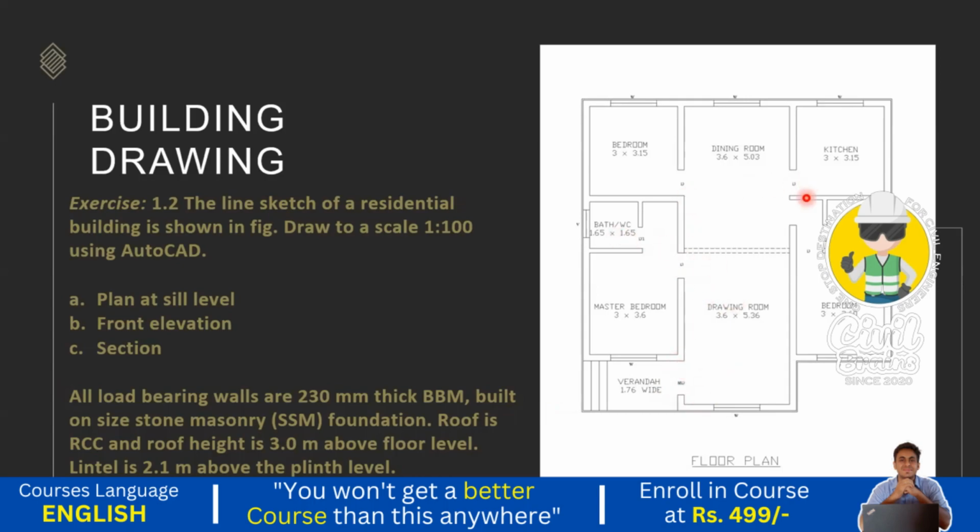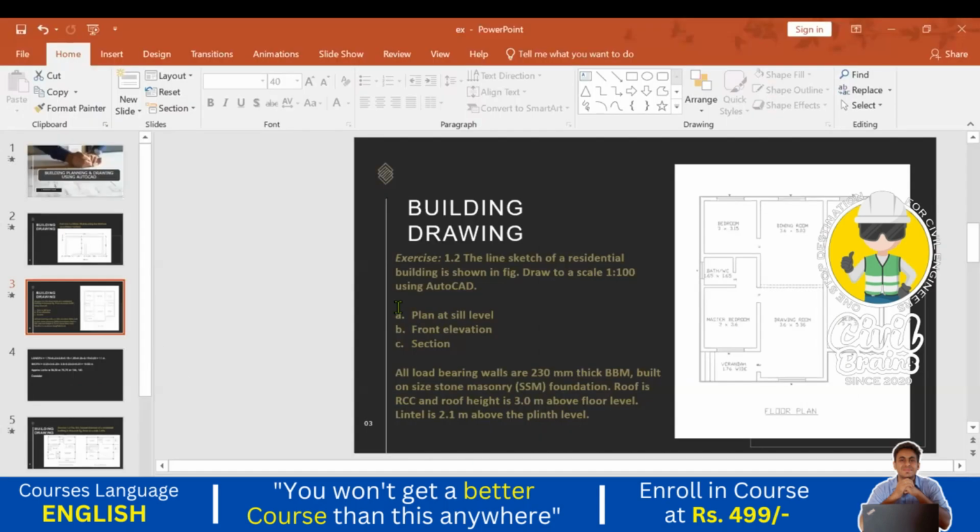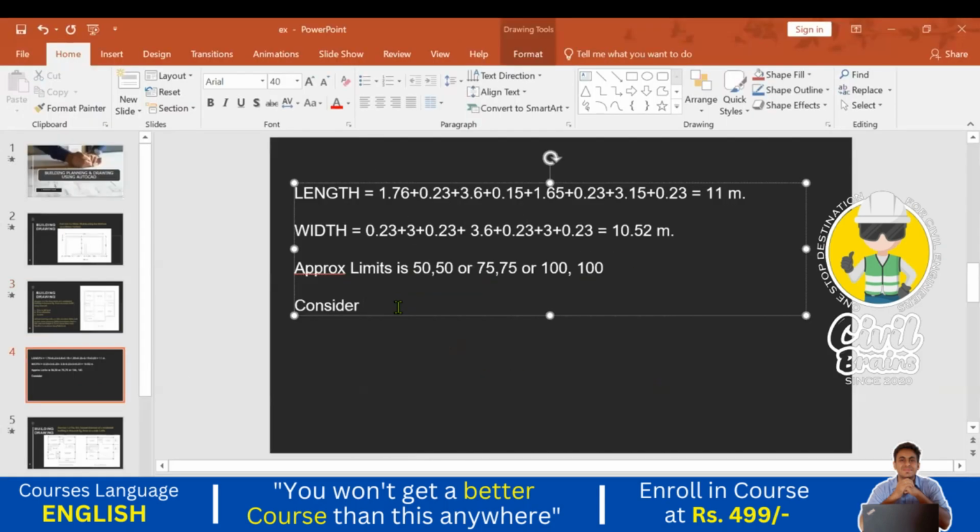Next, in the windows, all are the same W. So in this particular plan, the window size is the same everywhere. But there are 3 different types of doors, and 2 ventilators. So I just write there the standard sizes of the windows and the standard sizes of the doors. Okay, I just write here considering opening sizes.